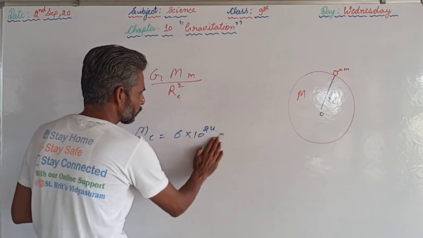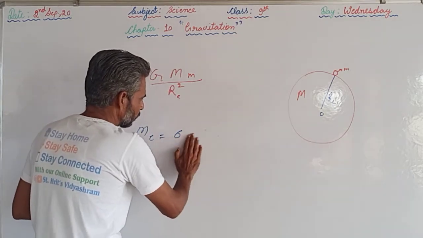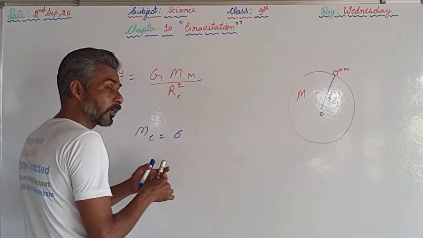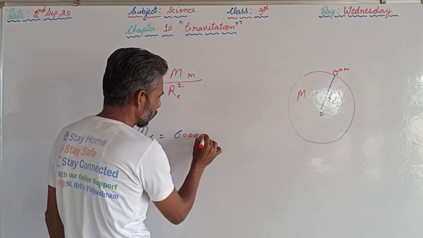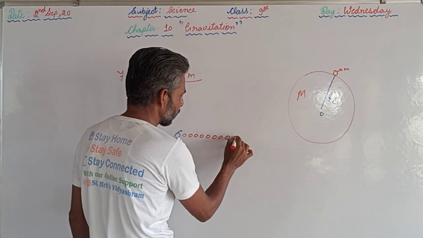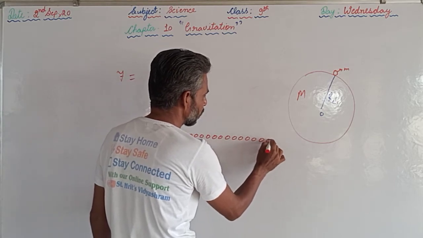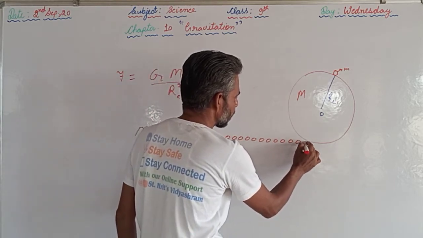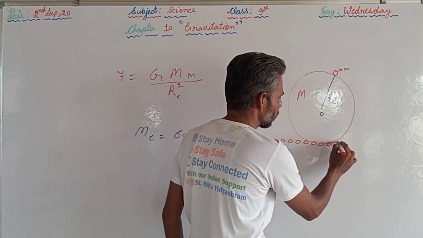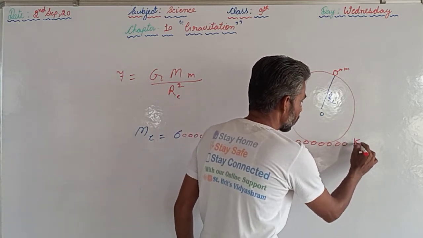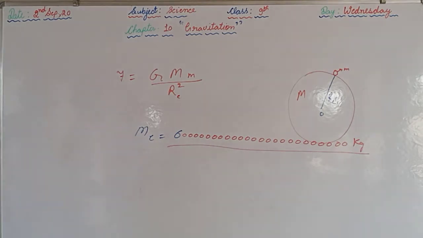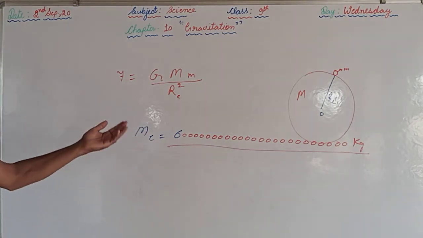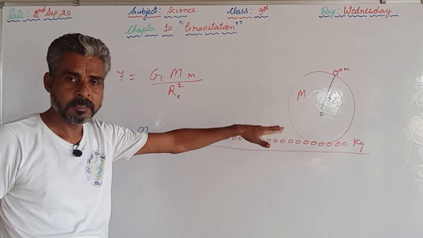What does it mean? 10 raised to power 24 means 1, 2, 3, 4, up to 24 zeros. 6 into 10 raised to power 24 kilograms means this much kilogram.